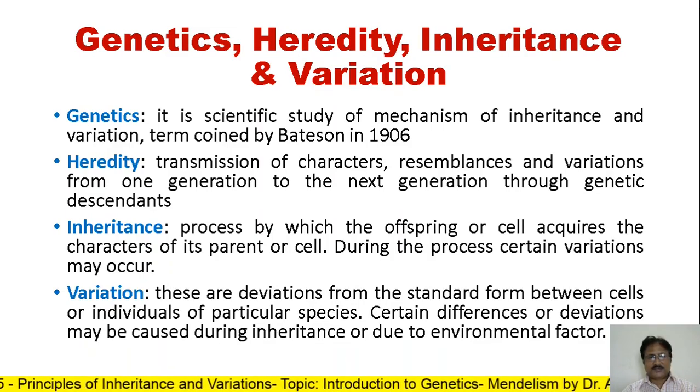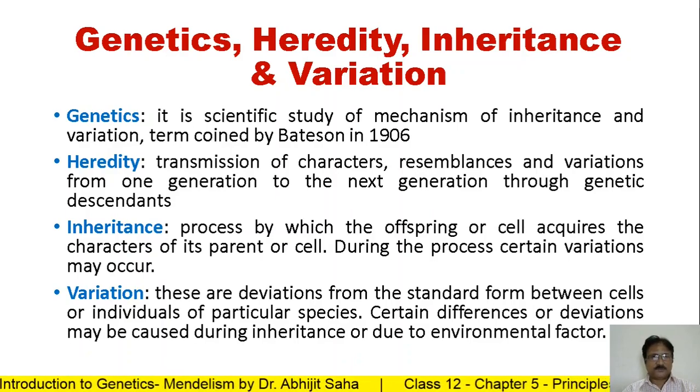These variations are actually some deviations from the standard form, which can be between the parent cell and the daughter cell, or between the parents and the offspring in a particular species. These differences or deviations may be caused during inheritance, or may be due to some environmental factors. So here we just have a very brief discussion on the four terms.